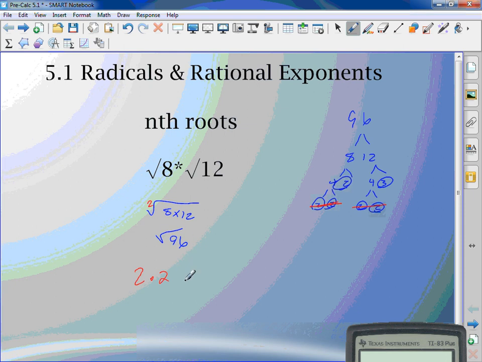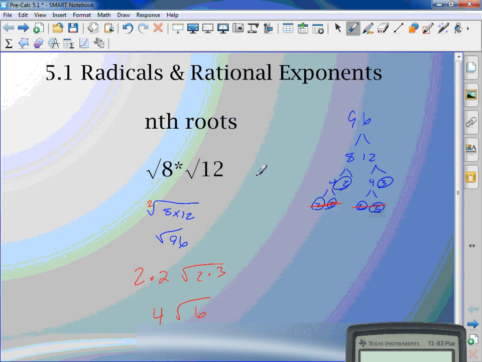No. So I'm going to put square root. What am I left with? A 2 and a 3. 2 times 2 is 4. So the square root of 8 times the square root of 12 is 4 square root of 6. We did this a long time ago when we were doing quadratics, when I had you simplify the b squared minus 4ac part.